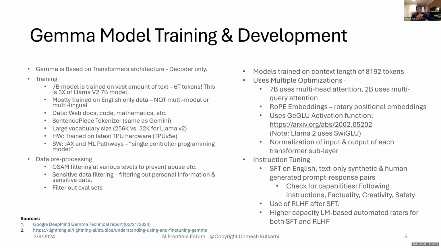In the case of Llama, we used a function called SwiGLU, and Google has changed it to the GeGLU activation function.